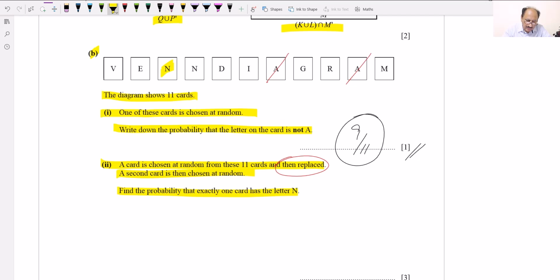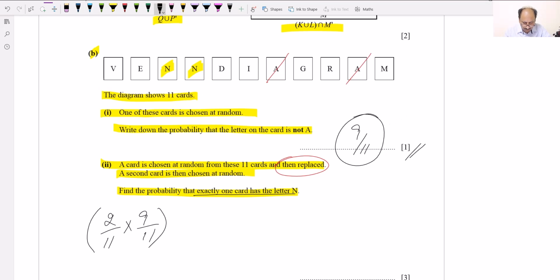These are 2 N. So for the first card it will be 2 over 11, and for the second card, exactly one card, so this one is N, so the other one will be not N, which will be 9 by 11, which we have calculated here.